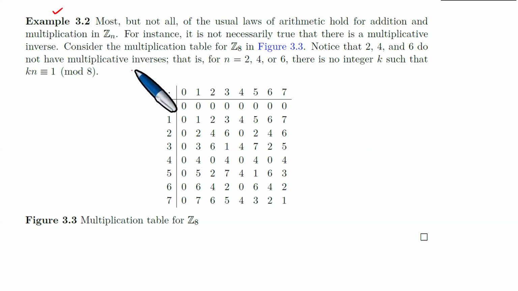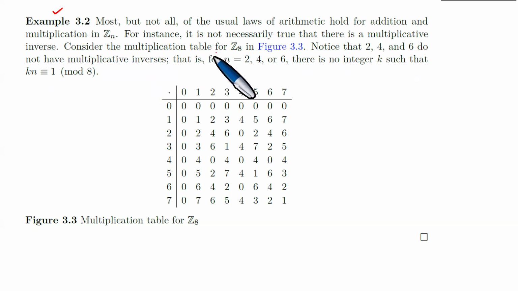Like example 3.2, most but not all of the usual laws of arithmetic hold for addition and multiplication in modulo n. For instance, it is not necessarily true that there is a multiplicative inverse. So in other words, sometimes it's not the case that there is a multiplicative inverse.